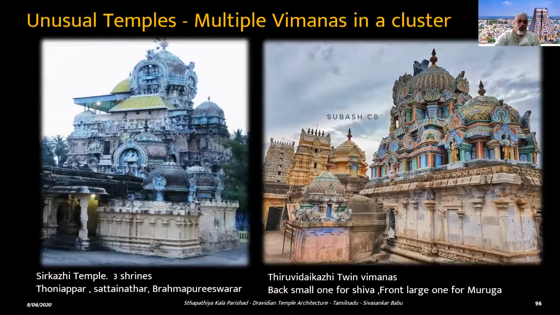The extreme case, it is a Madakoil, but see the amount of vimanas built in various ways. It has got three major shrines, Thoniyapar, Satyanathan, and Brahmapuriswara temple. And then see the amount of vimanas built in haphazard fashion. It is a development over periods.